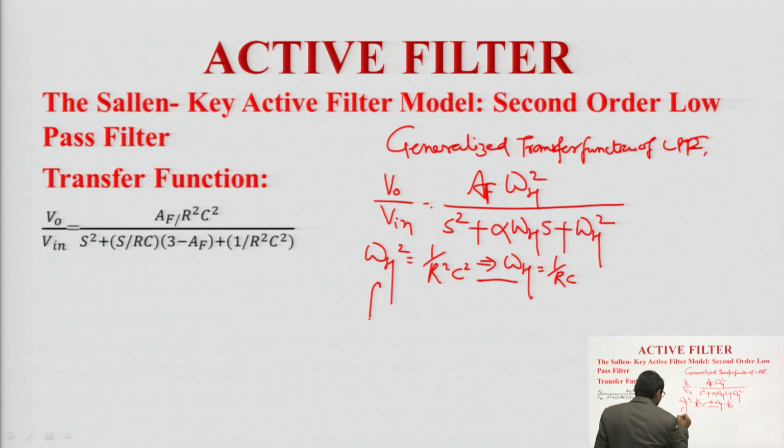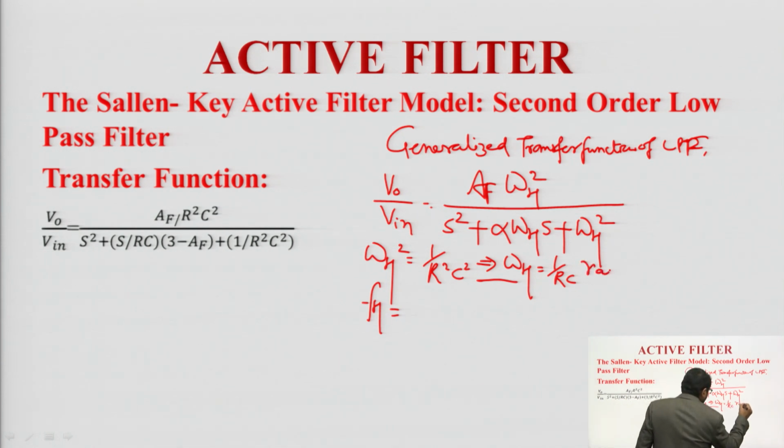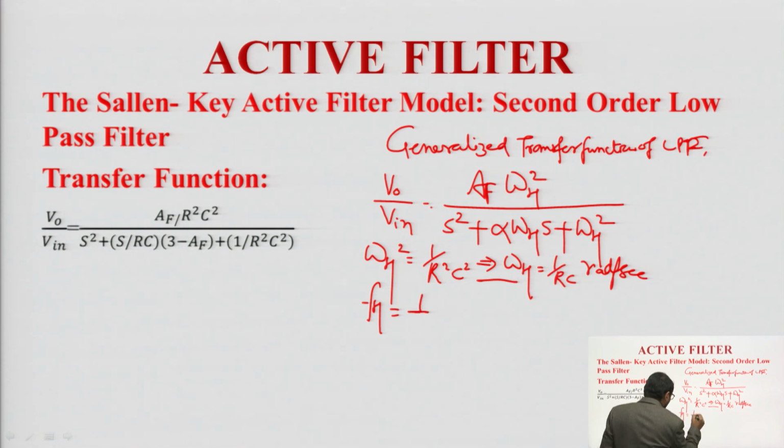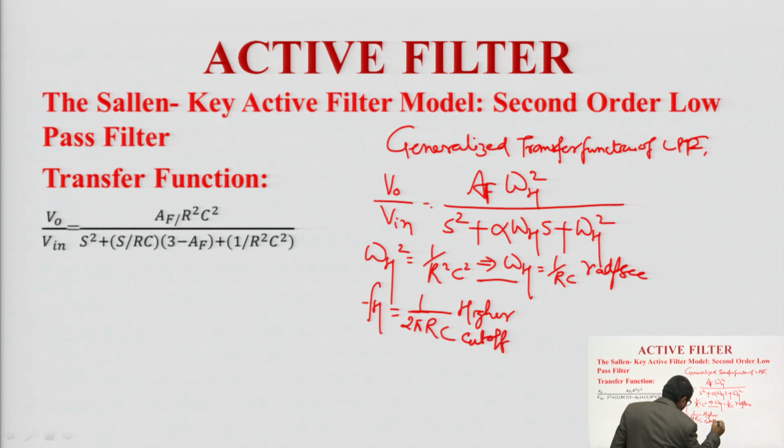If you consider it in hertz, f_H equals 1 upon 2 pi RC, and it is defined as the higher cutoff frequency.